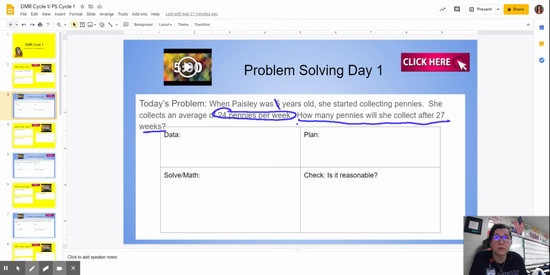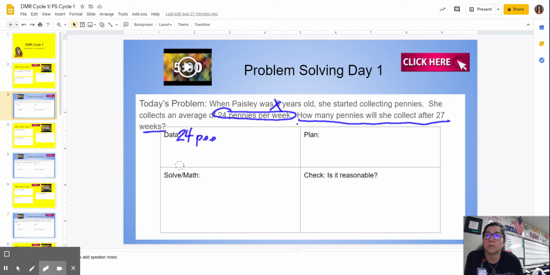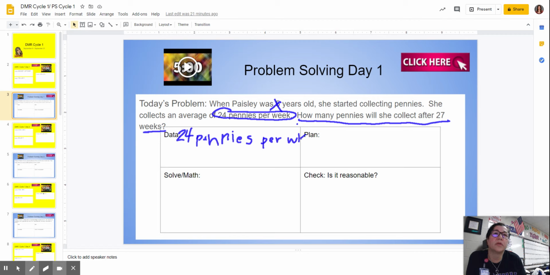Okay, so our data. 24 pennies per week, and I'm just going to abbreviate week like that, and she gets 27 weeks.